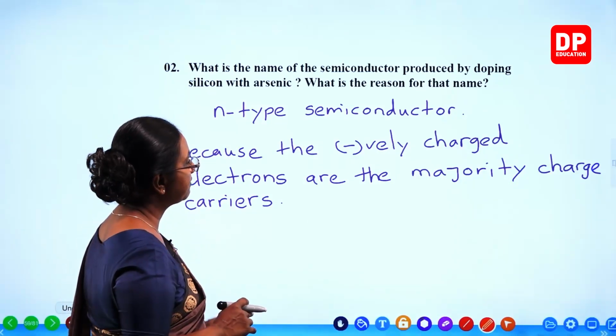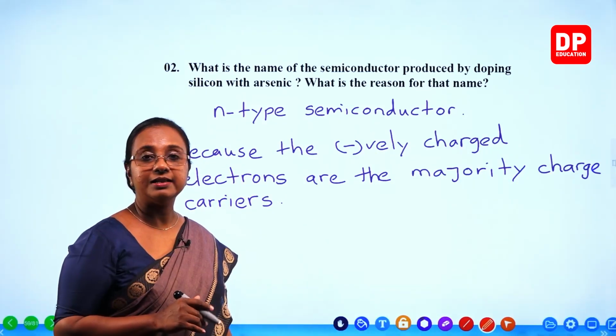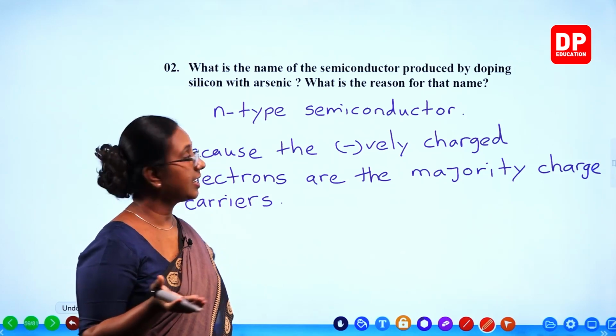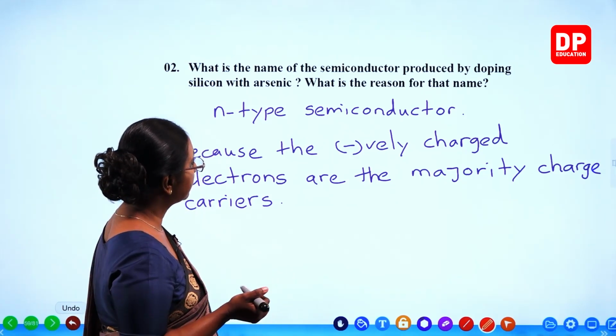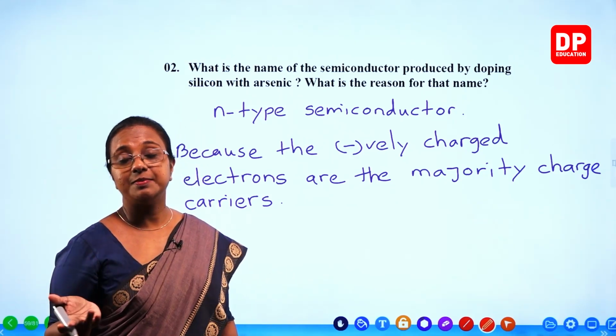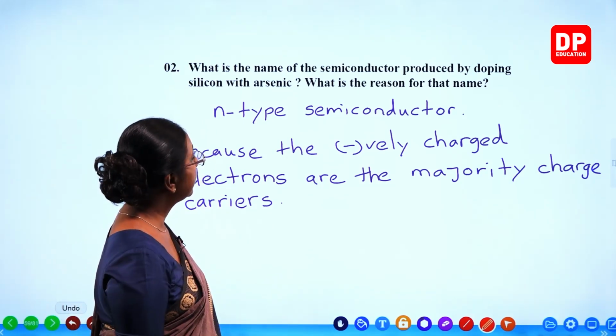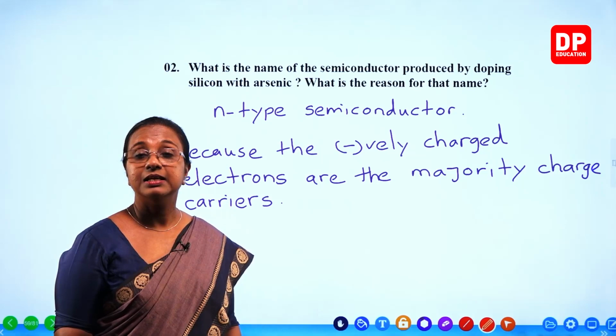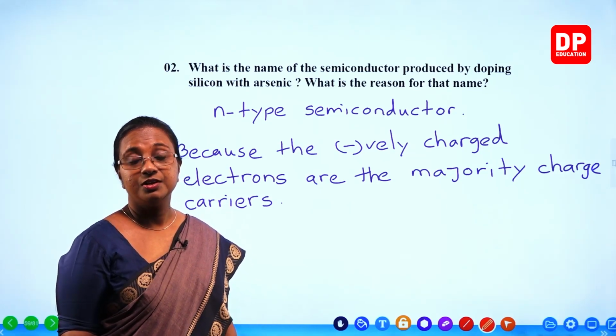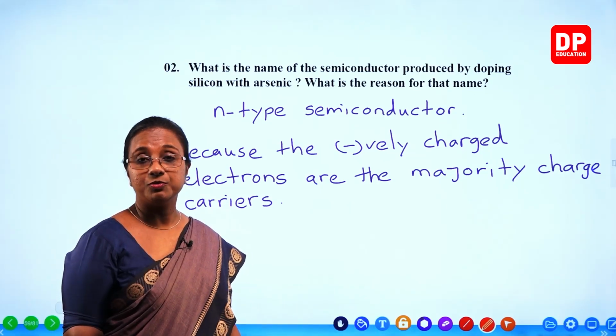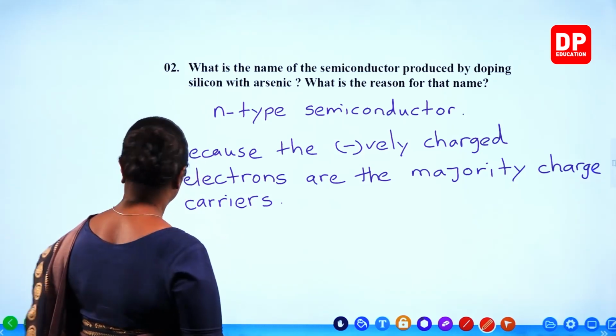So here we have said because there are more electrons and they are the majority charge carriers, because the semiconductor becomes a negative type semiconductor. More negative charges. So that is N-type semiconductor. Is that okay, students? So then with that I will move on to the next question.